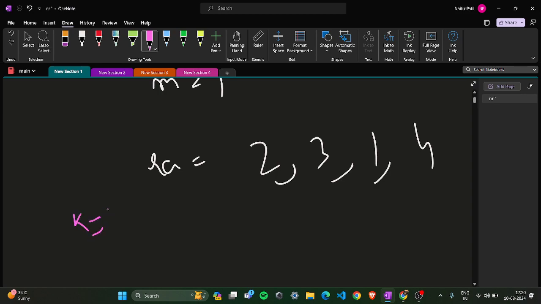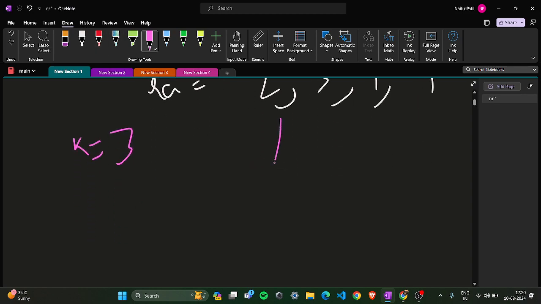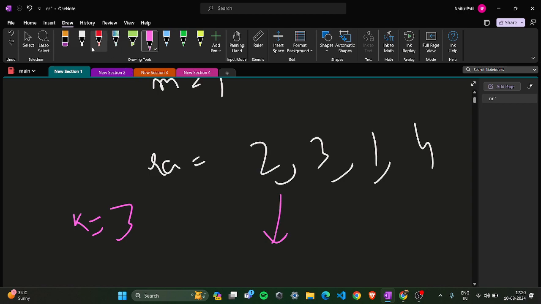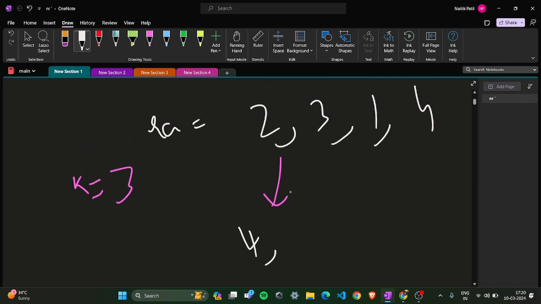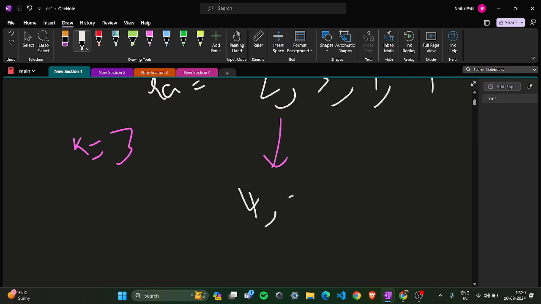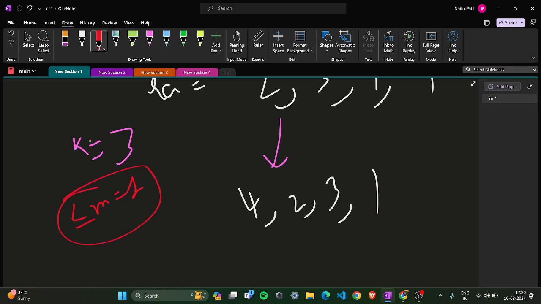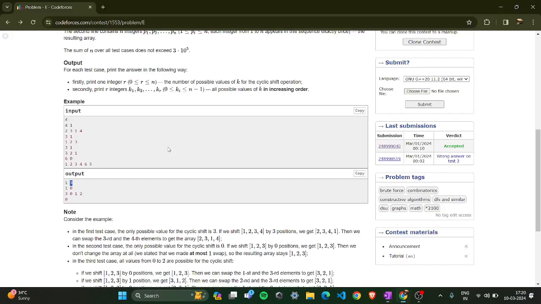So our k is 3. So let's just shift this resulting array to the left by 3. So our permutation will be 4, 2, 3, and 1. And also we are given that m equal to 1, and we can perform at most one operation to try to make the identity permutation.